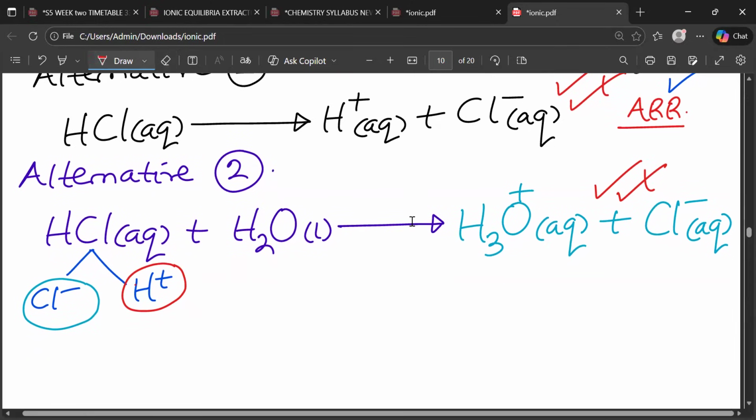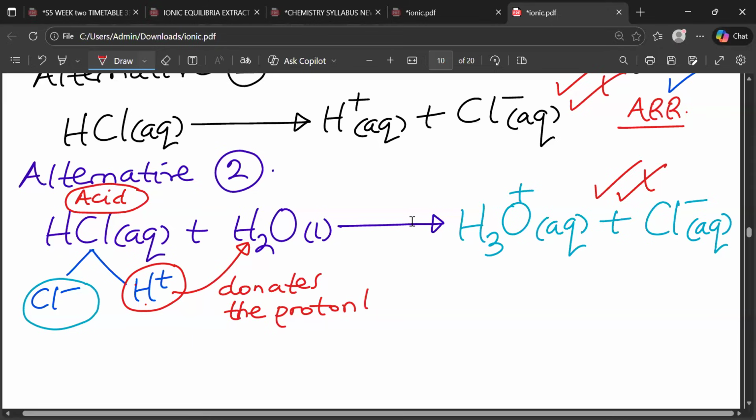But when you look at what is happening here, the HCl is our acid. And it has donated a proton to water. You get? Donates the proton to water. Do you see that the acid got the proton, but it donated it to water to form the hydroxonium ion.